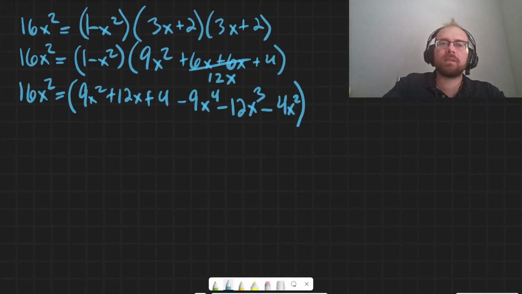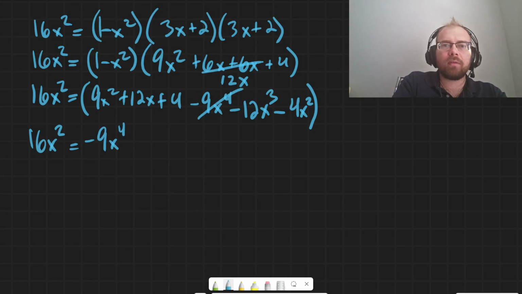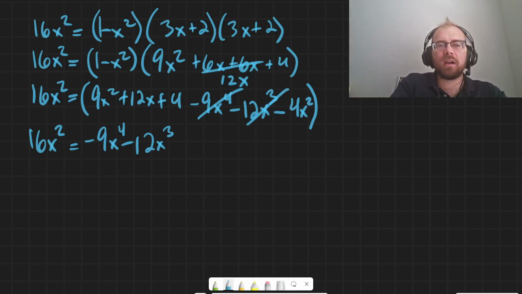Okay, let's move this over here. So if I put it in descending order, I've got a negative 9x to the fourth, a negative 12x to the third. I've got a couple x squareds here, so 9x squared minus 4x squared is 5x squared.